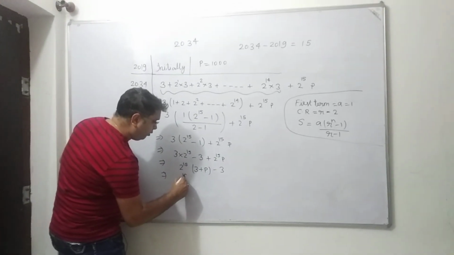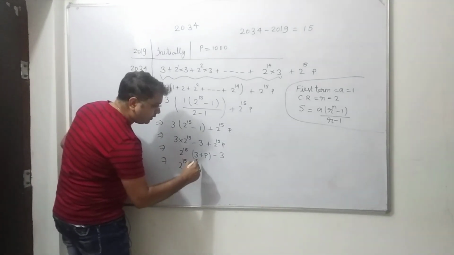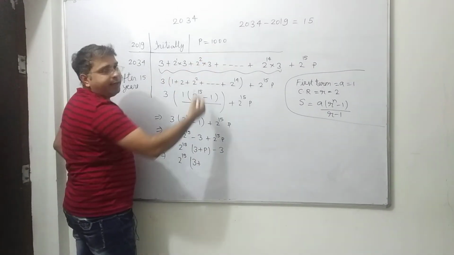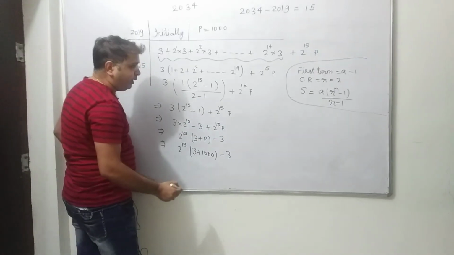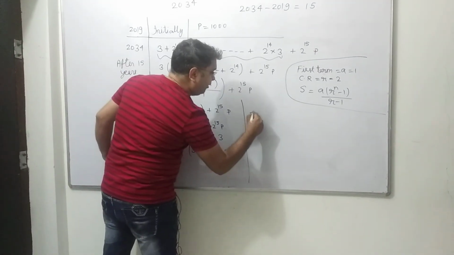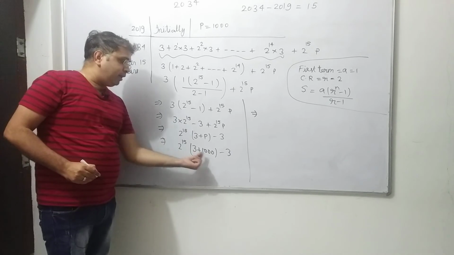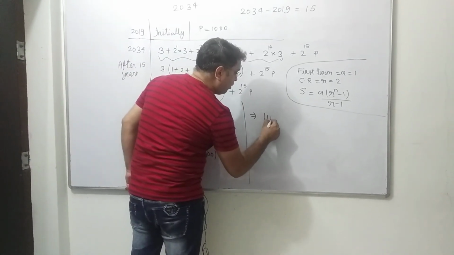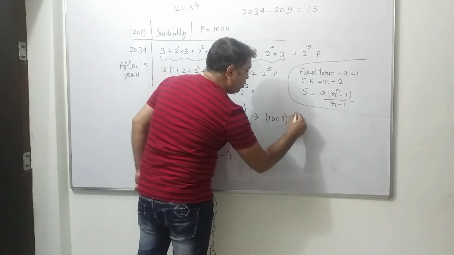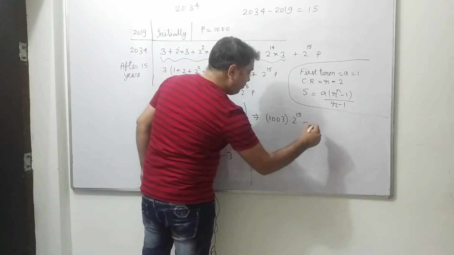Now we will substitute the value of p, which is 1000, minus 3, so we will proceed. So 1000 plus 3 is 1003 into 2 to the power 15 minus 3.